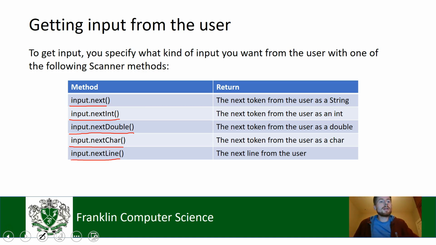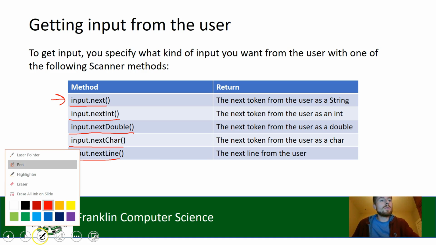Some of the most common ones you'll see are input.next, which is going to give you the next string from the user, and it actually stops at white space. So if you were to type in a 2-word name, such as David Ackerman, you're only going to get the first word, David, if you do input.next.